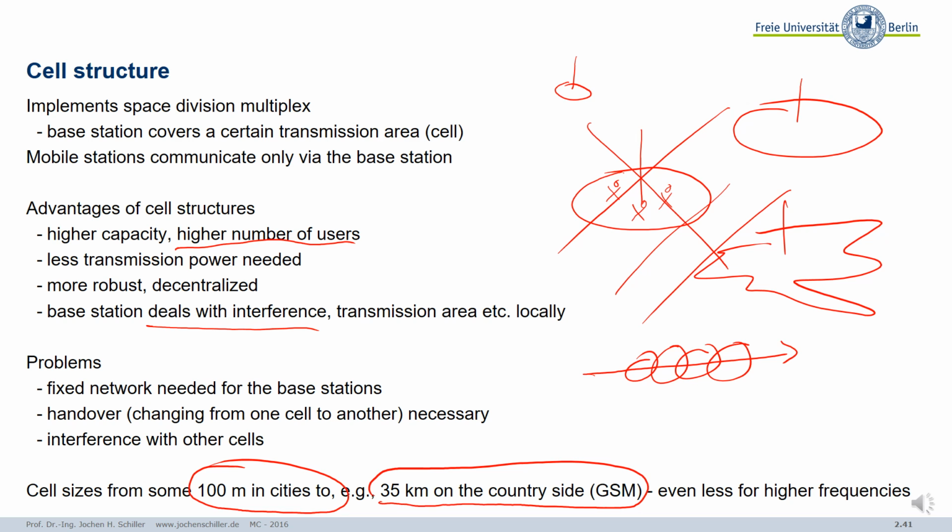I will explain why this is 35 kilometers. It has nothing to do with the transmit power; we could easily bridge 60 kilometers. It has to do with the time-slotted nature of the multiplexing scheme. If you move further away from a base station, you cannot be synchronized with the system anymore. That's one of the technologies used in GSM, so 35 kilometers.